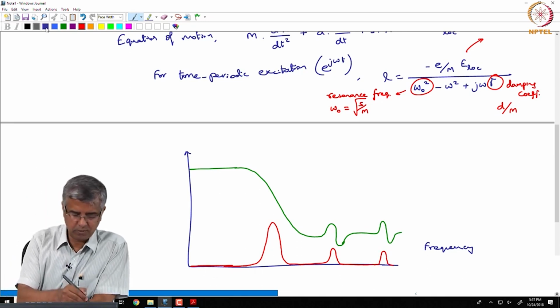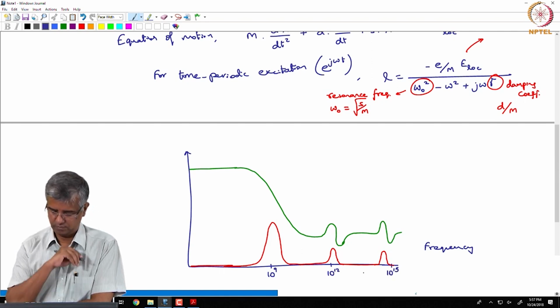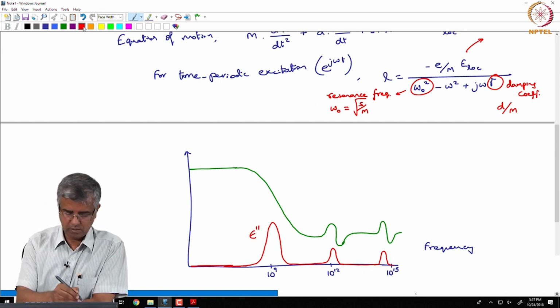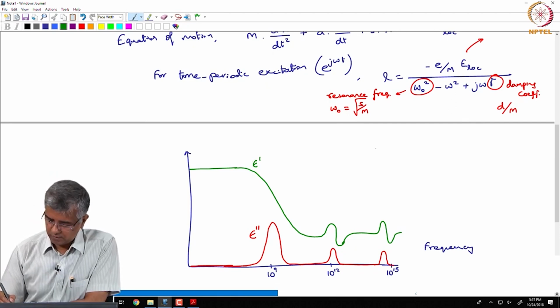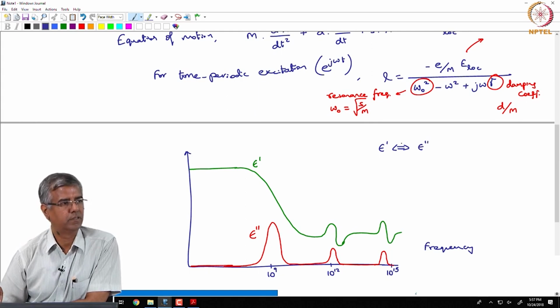If I were to give some specific numbers to this, this is in the order of 10 power 9 hertz, this is in the order of 10 power 12 hertz, this is about 10 power 15 hertz. What I plotted here, this is epsilon double prime and this is epsilon prime. The interesting thing is, epsilon prime and epsilon double prime are related to each other.